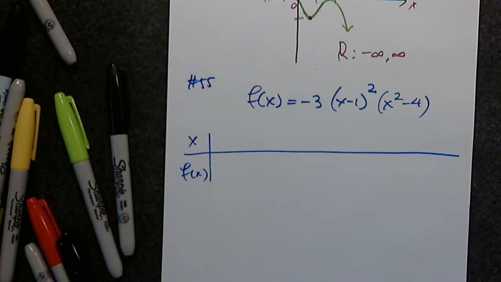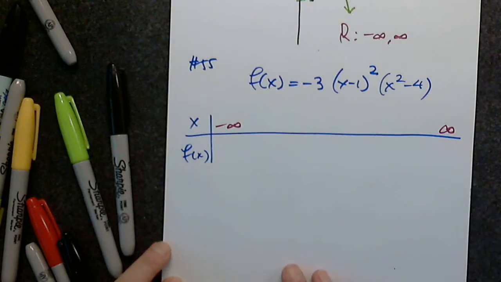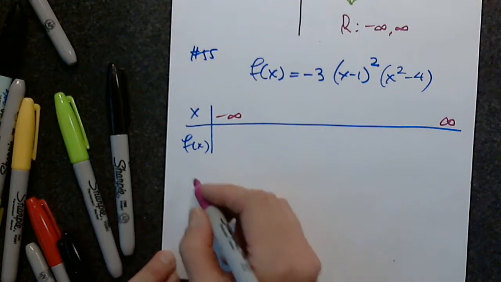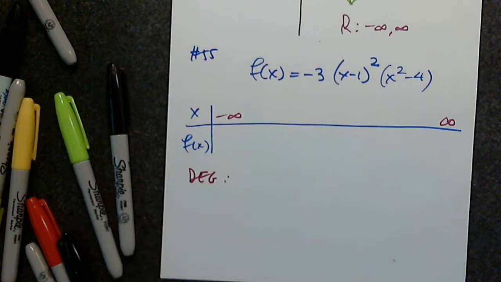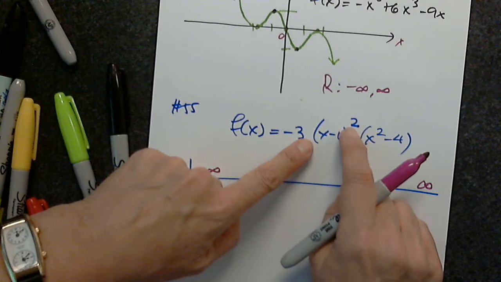Okay, domain, please. Very good. Degree. Careful. So when I square this, I get x squared, right?